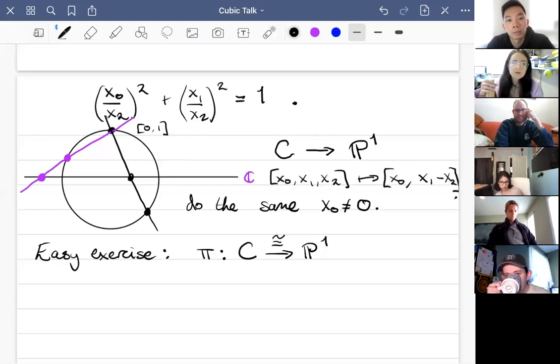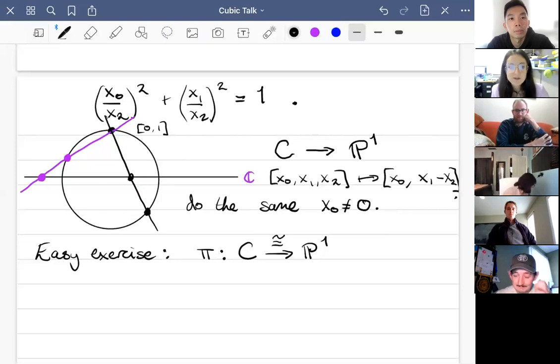Yeah, that's a good question. These kind of pictures are definitely the real picture. But when you write everything down in coordinates, it goes through. So at the level of small dimensional things, the real picture is enough to give you the correct geometric intuition.